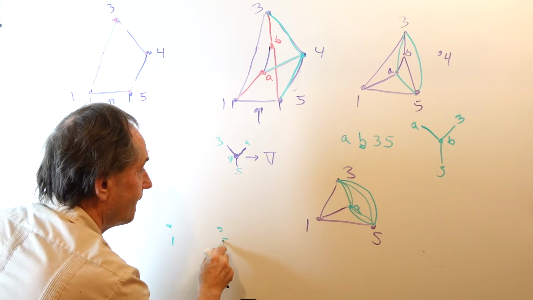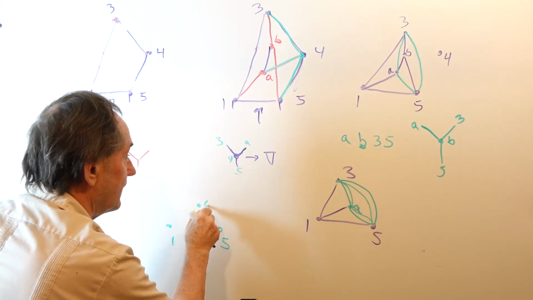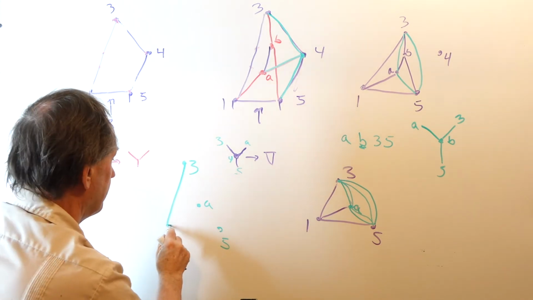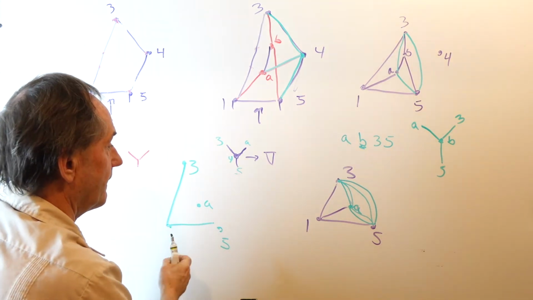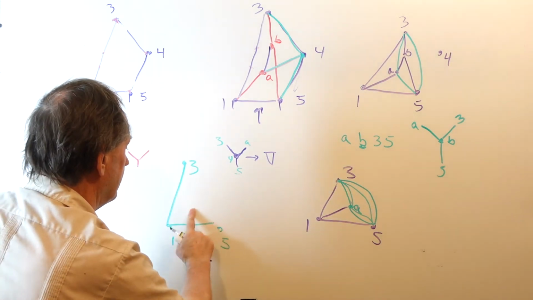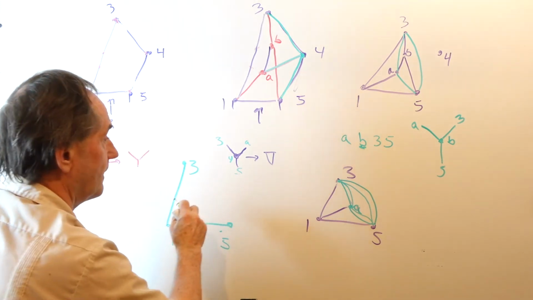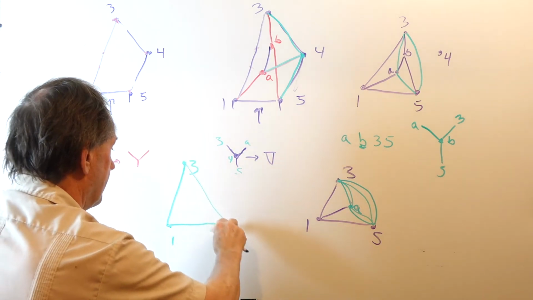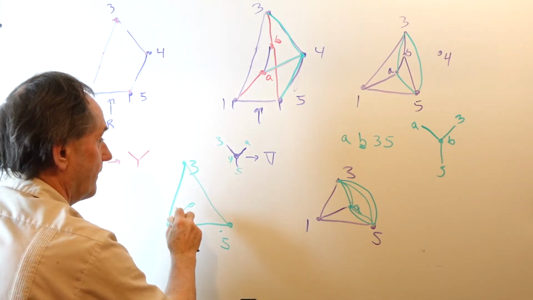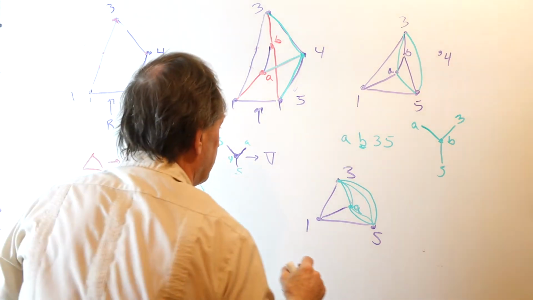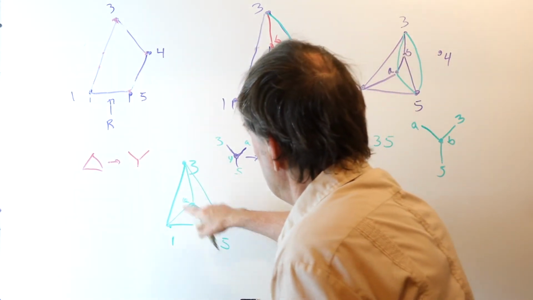So 1, 5, we've got A, and 3. And here's our node A. I've combined the parallel elements in here.